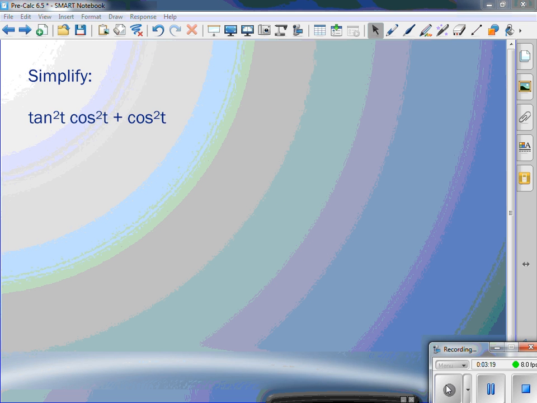What we're going to use those identities for. I have tangent squared t times cosine squared of t plus cosine squared of t. If we want to simplify this, these two are multiplied, that's adding. What's the first thing you can tell me? Okay, the exponents are combined.